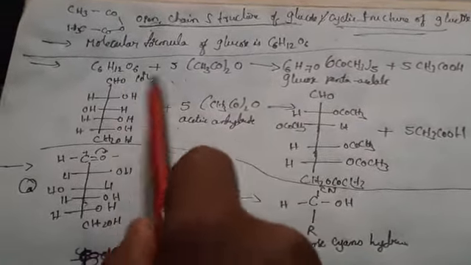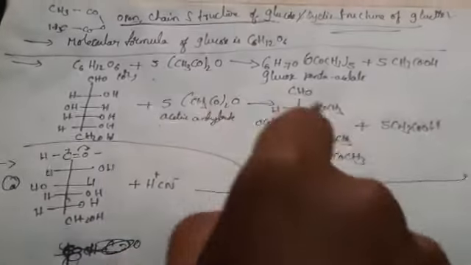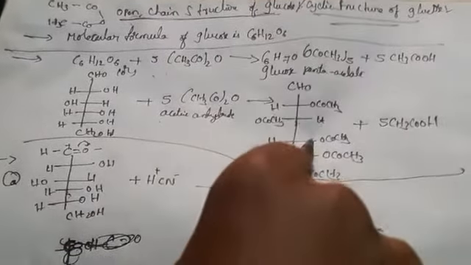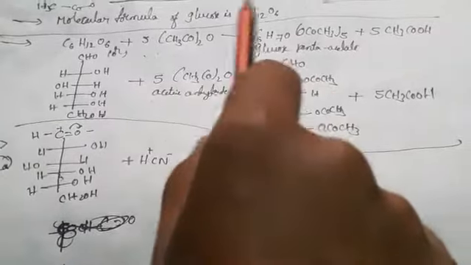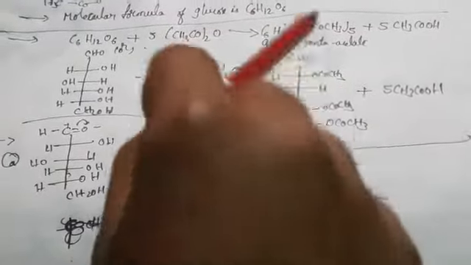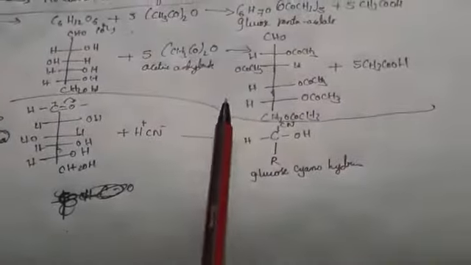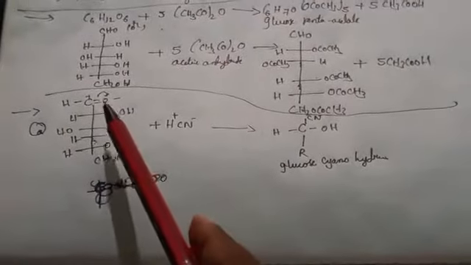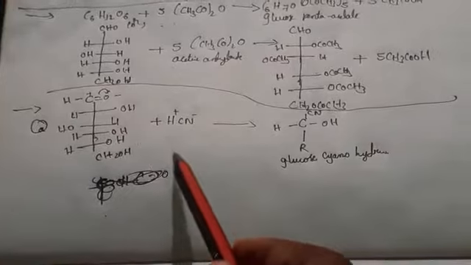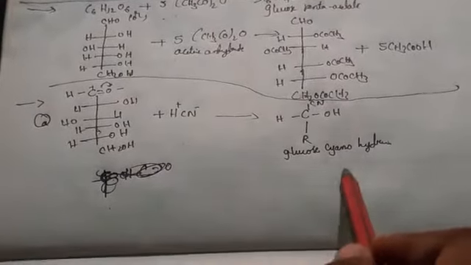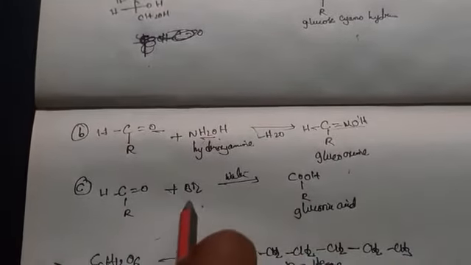When glucose is treated with acetic anhydride, it gives glucose pentaacetate, which indicates the presence of 5 hydroxyl groups. The aldehyde group is present: when treated with HCN, it gives glucose cyanohydrin; with NH2OH, it gives glucose oxime; and with Br2 water, it gives gluconic acid.